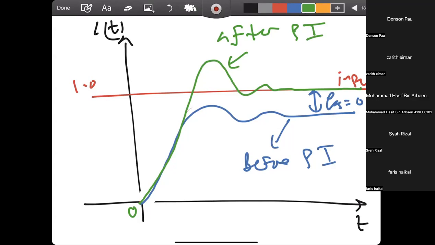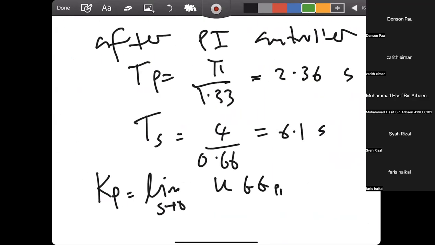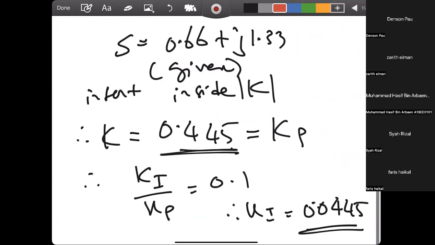Doctor, my second question is for the before PI. Should the TP be above 1.0 or below? The TP just now is 2.36 seconds, and this is after PI.